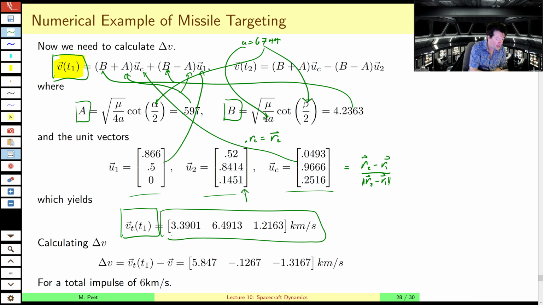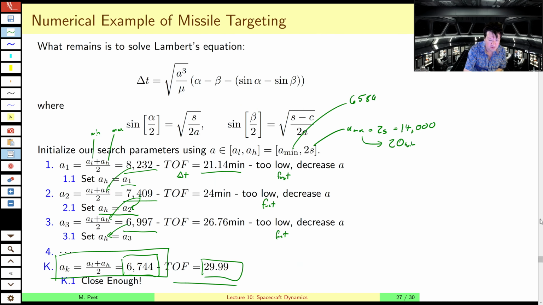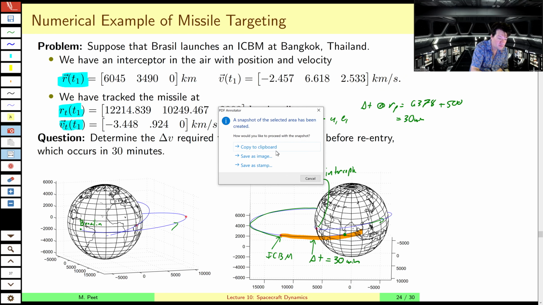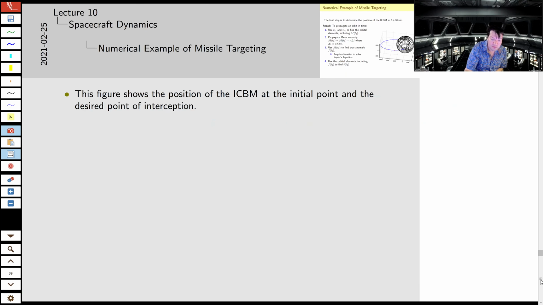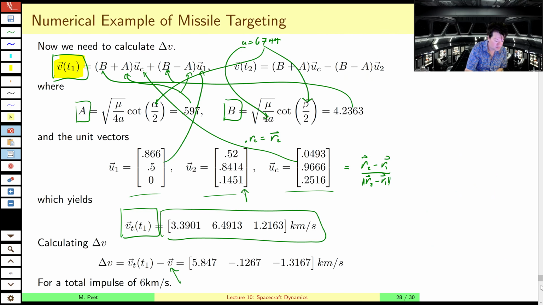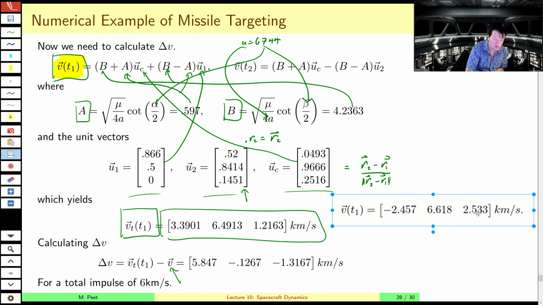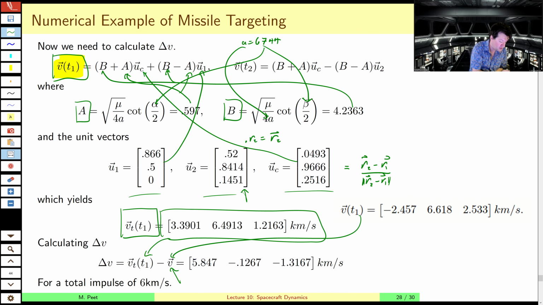Now remember, we had our initial velocity from a slide well before. We had our initial velocity right there. And so we plug that number into there, and then we calculate the difference.